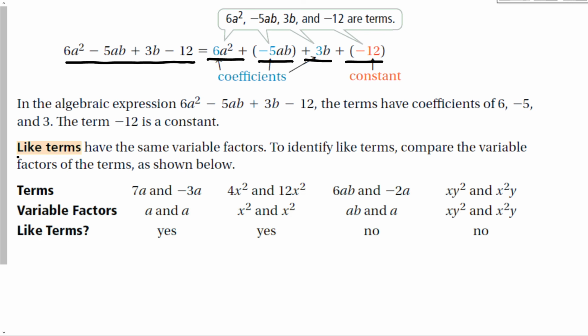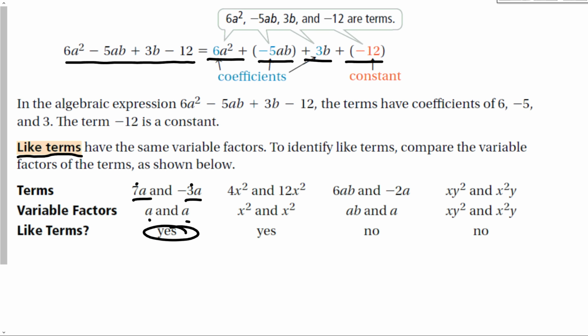What we're looking for is like terms. Like terms have the same variable factors. To identify like terms, compare the variable factors of the terms as shown below. Look at the variables: a in the first one, a in the second one. They are like terms, yes. It doesn't matter that the coefficients are different, and in fact, we can combine them.